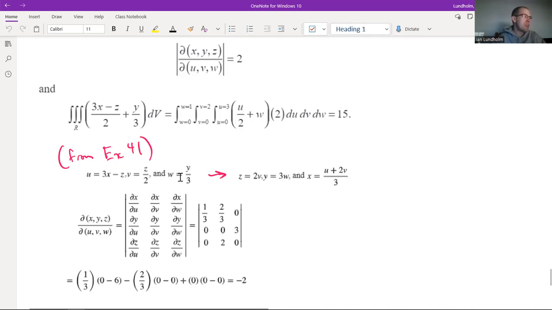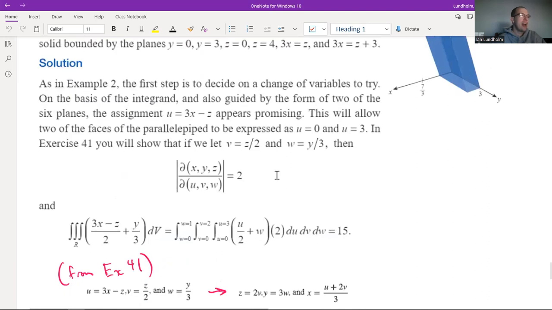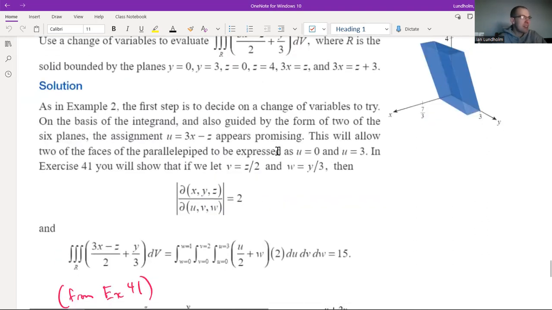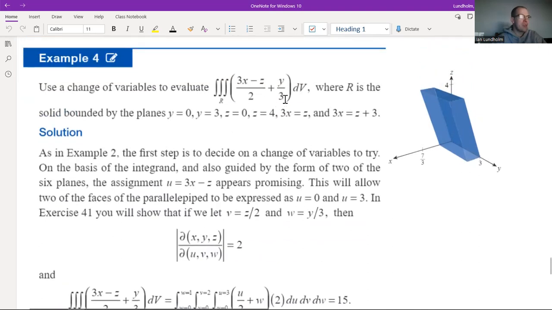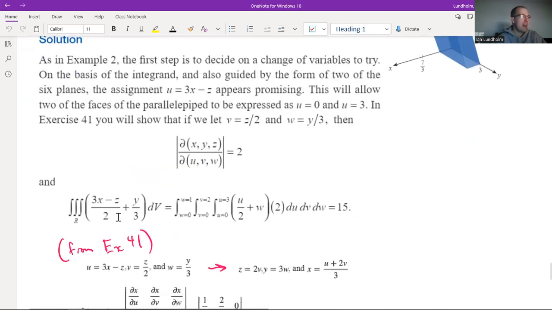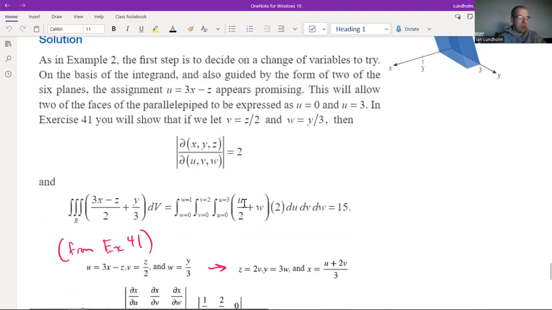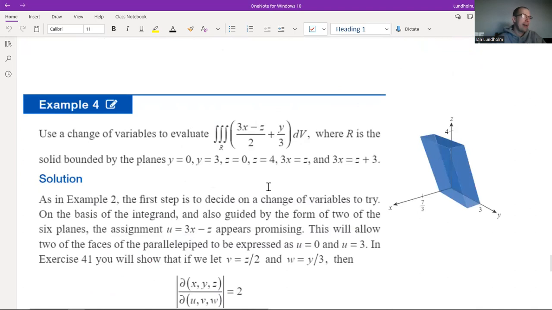But yeah, dividing by 2 here and dividing by 3 here, I think makes this part slightly nicer. So instead of having divided by 2 here and divided by 3 here, when we translate things into u's and v's and w's, that expression becomes simpler and just having u over 2 plus w.